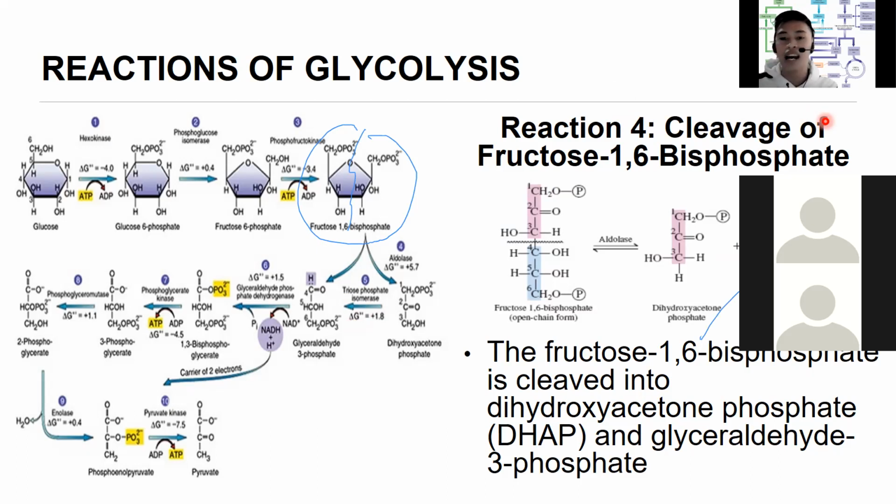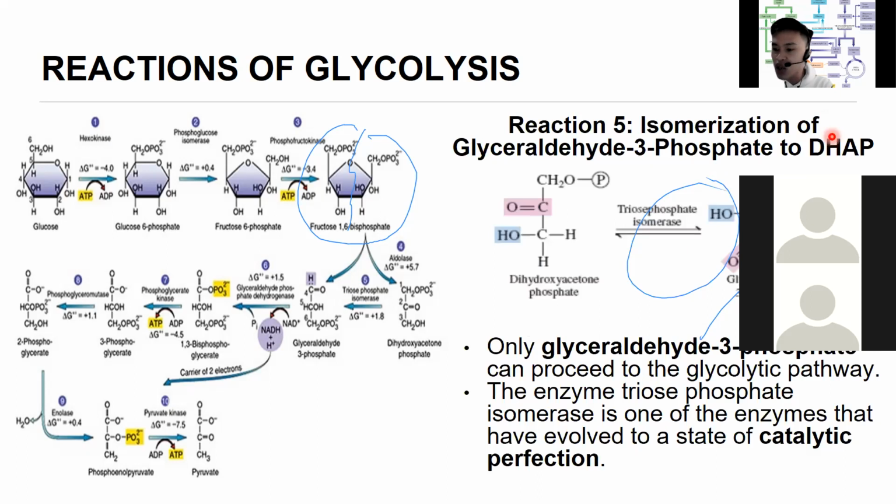The next product is your glyceraldehyde 3-phosphate. Do you follow? So only glyceraldehyde 3-phosphate can proceed to glycolysis. So this dihydroxyacetone cannot proceed. Do you follow? So that is why there is the requirement of reaction 5.